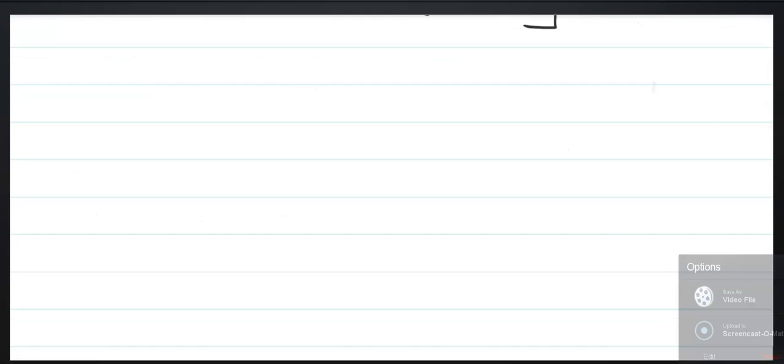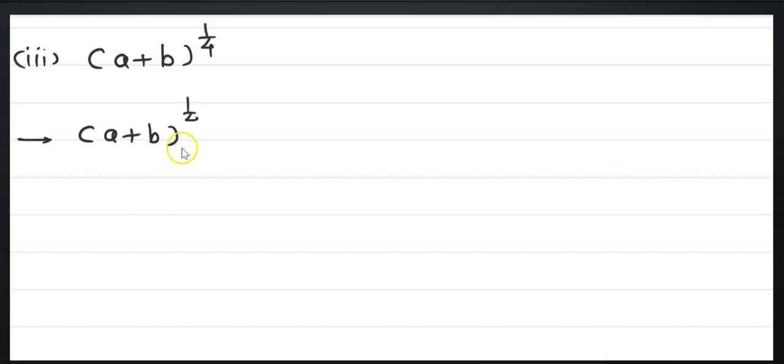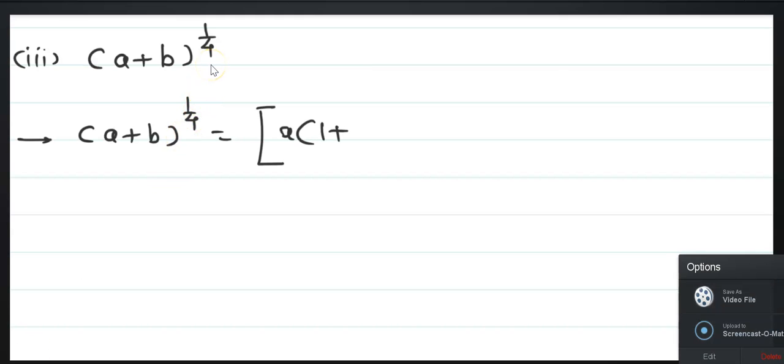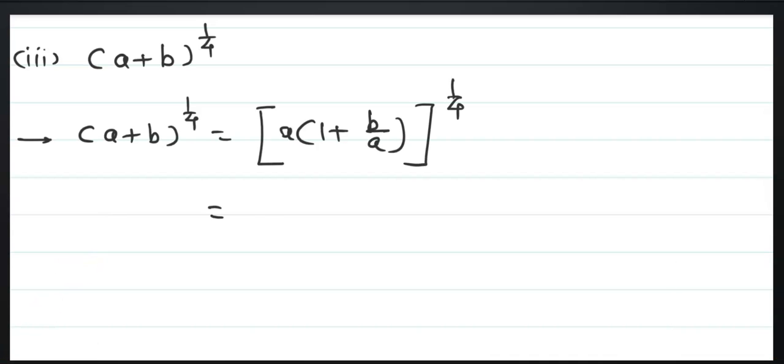Now the next is, what is the example? (a plus b) bracket raised to 1 by 4. Here we take a as common.